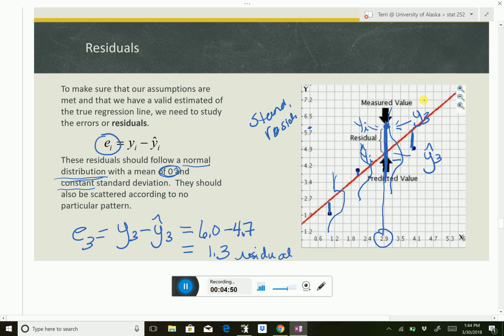If they aren't, then something's not right, and maybe I have non-constant variance and a little bit of a problem. Each bell curve should extend about the same distance from the mean, or from the line.